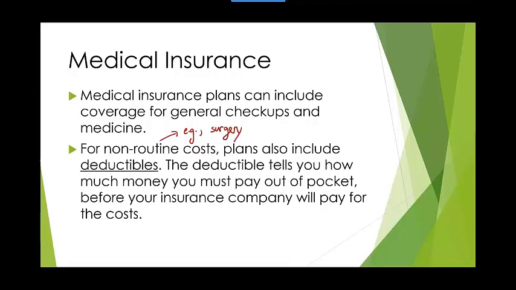Plans also include deductibles. And the deductible tells you basically how much money you must pay for the surgery or whatever before the insurance company will pay for the costs.